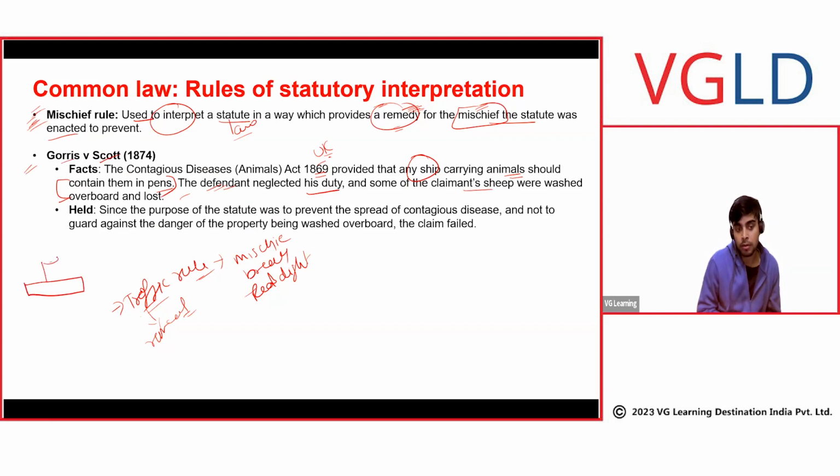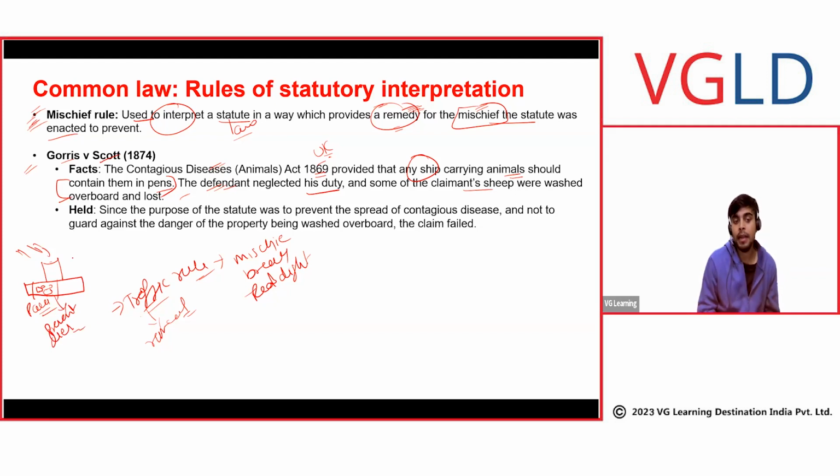So the ship was going, and there were certain cattle on it. As per the Animal Disease Act, the animals were supposed to be contained, packed. The act's purpose was to prevent any type of disease.